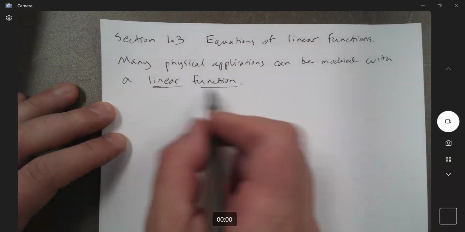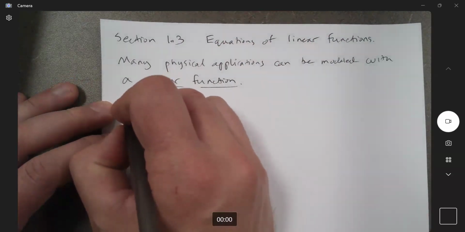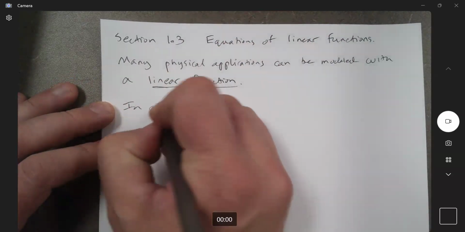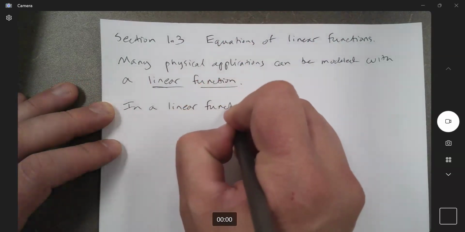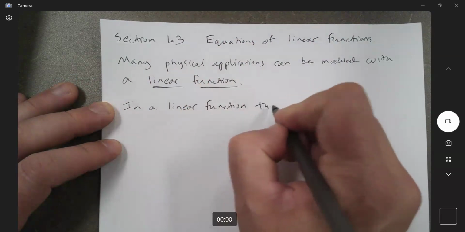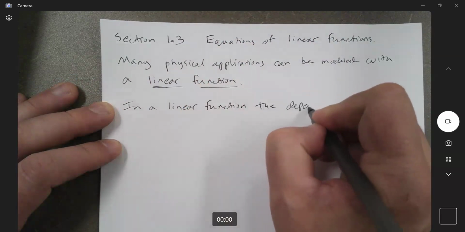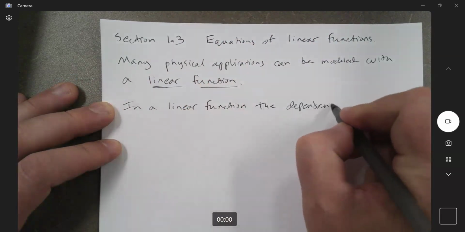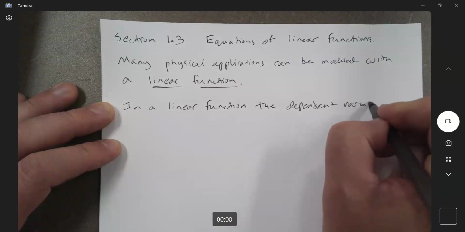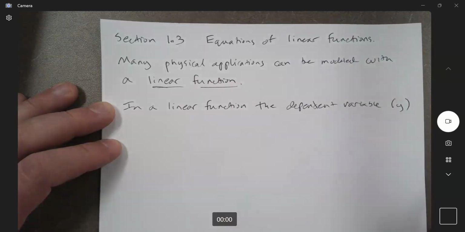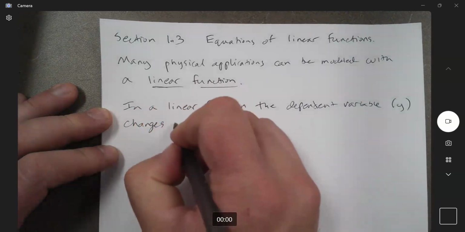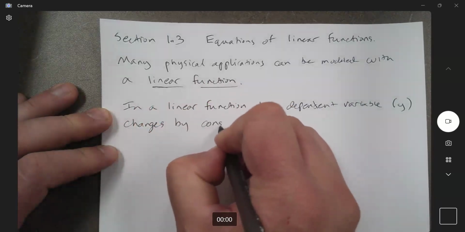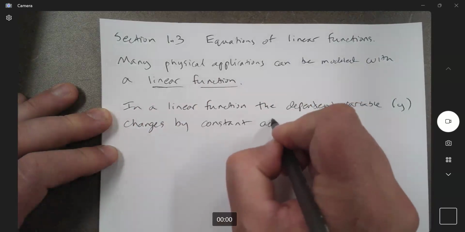And the key characteristic of a linear function is in a linear function, the dependent variable y changes by constant addition.